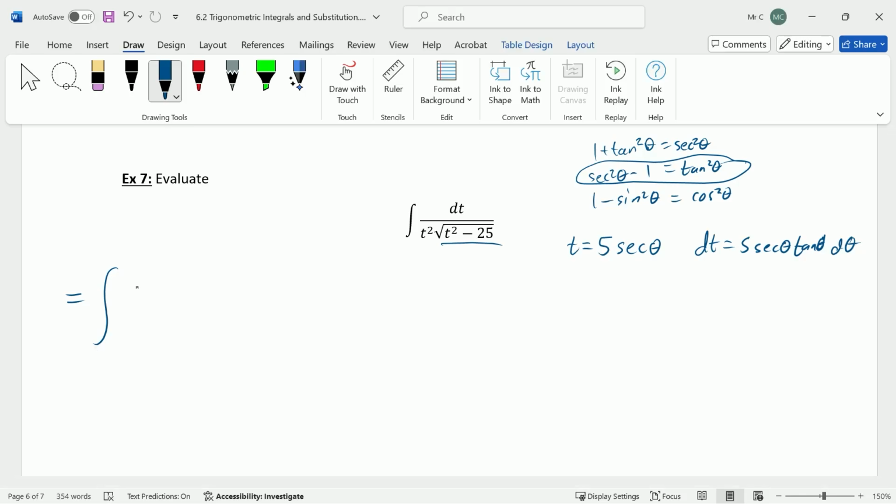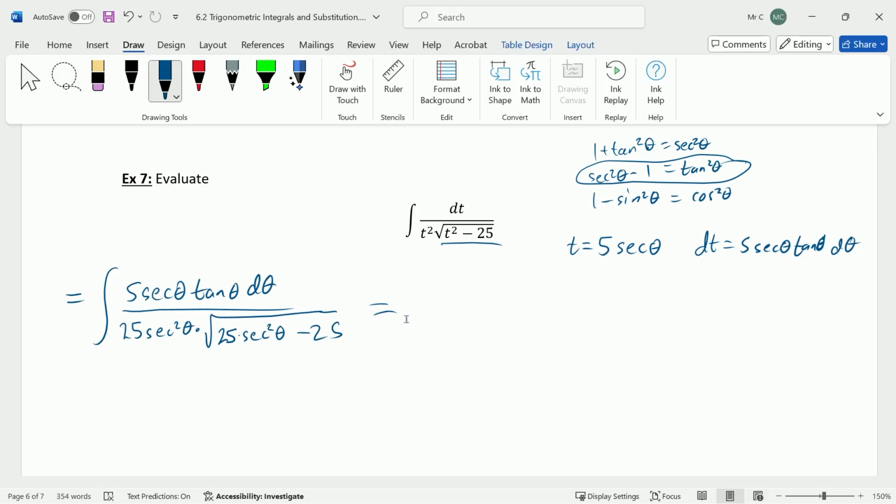We replace dt, we get 5 secant of theta tangent of theta, d theta, over t squared. Well, t is 5 secant of theta, so this is 25 secant squared of theta, times the square root. And again, t squared is 25 secant squared of theta, minus 25.